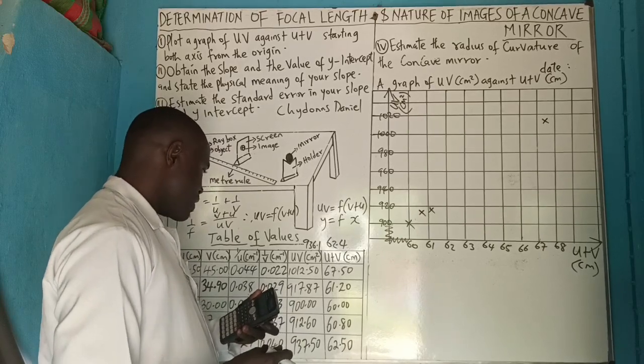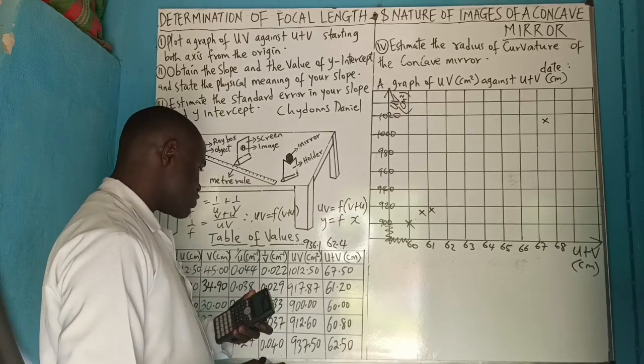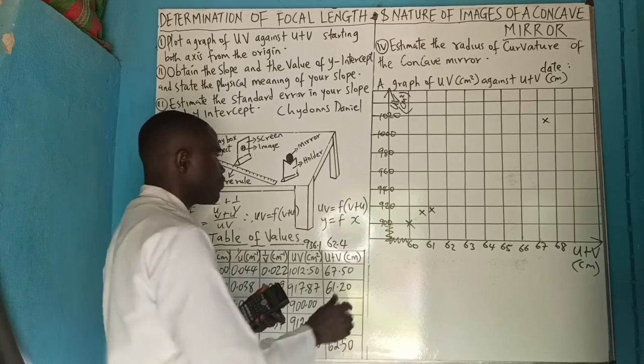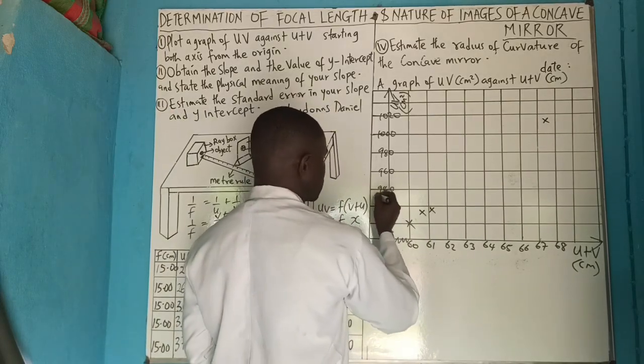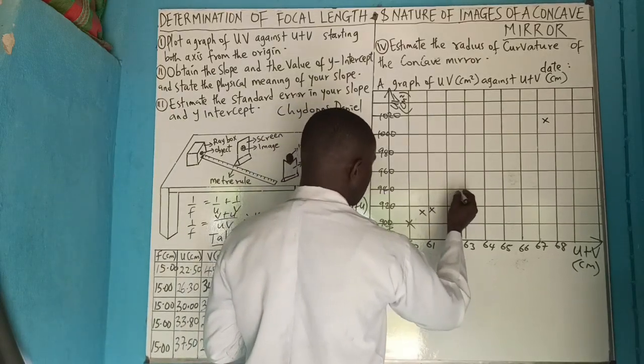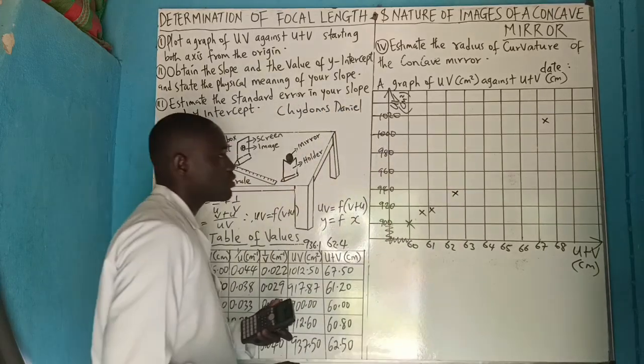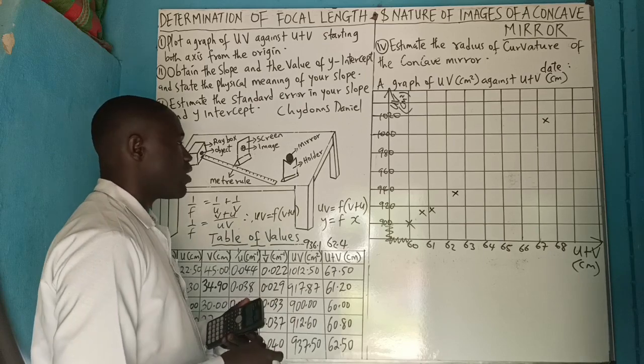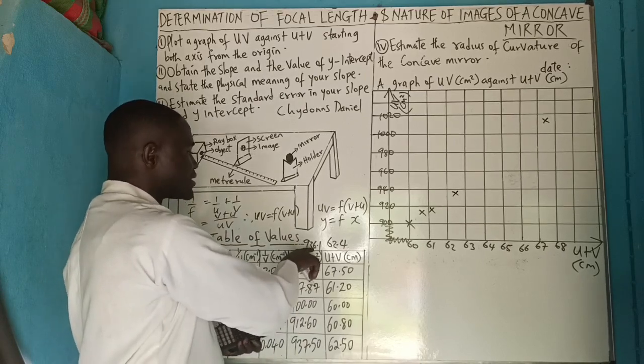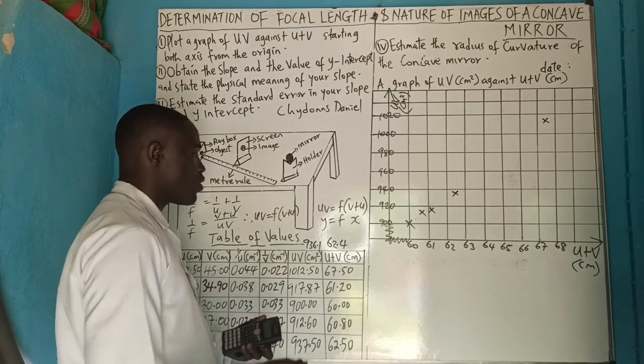Then 937 against 62.5. So we have located our points, then we have to locate 936 against 62.4.